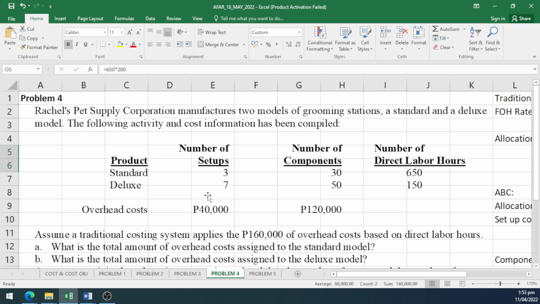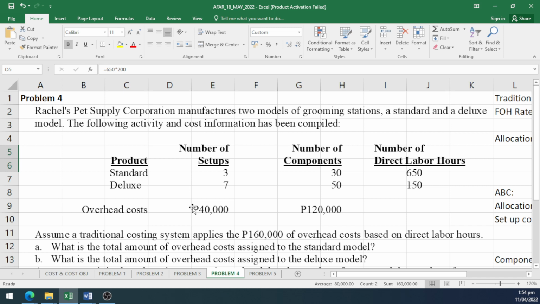If we use activity-based costing, there are two cost pools here or two activities involved. Ito pong setup and then number of components. More likely than not, handling yan eh.